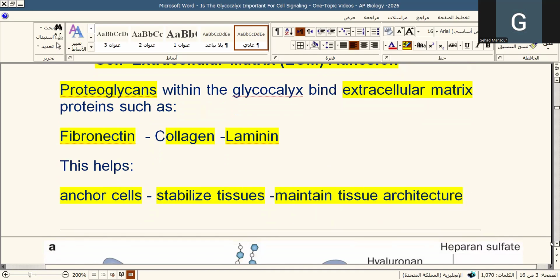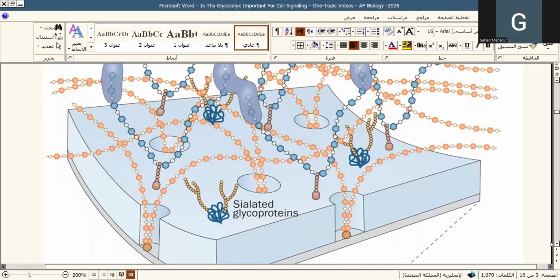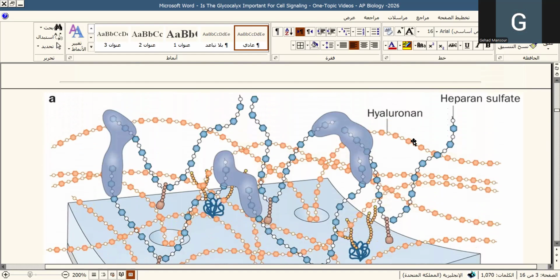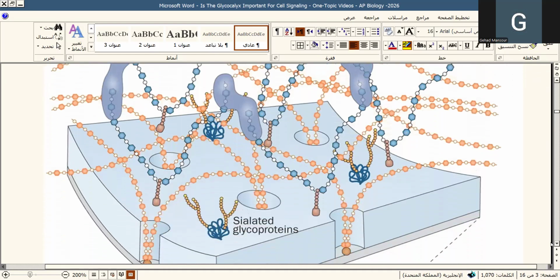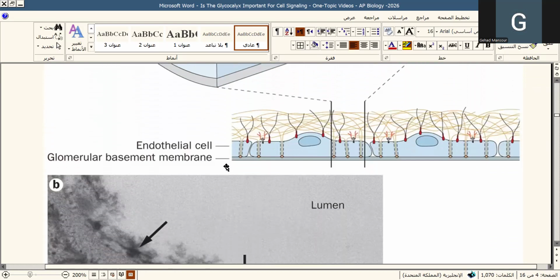Here we can see, for example, an endothelial cell that has glycoproteins on top, and those glycoproteins, as you can see, bind to molecules like hyaluronan, which is one of the fibrous molecules that are present either inside the blood or outside in the extracellular matrix.